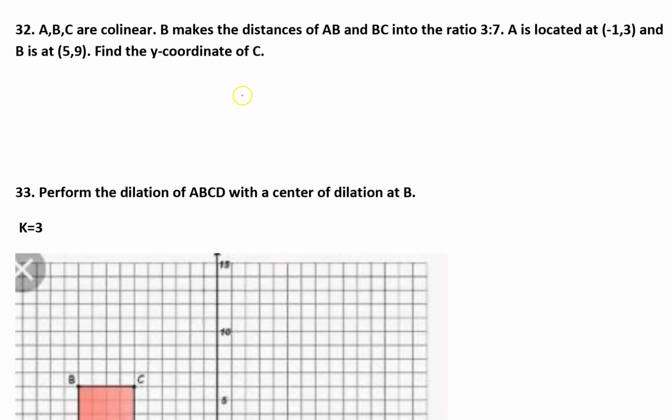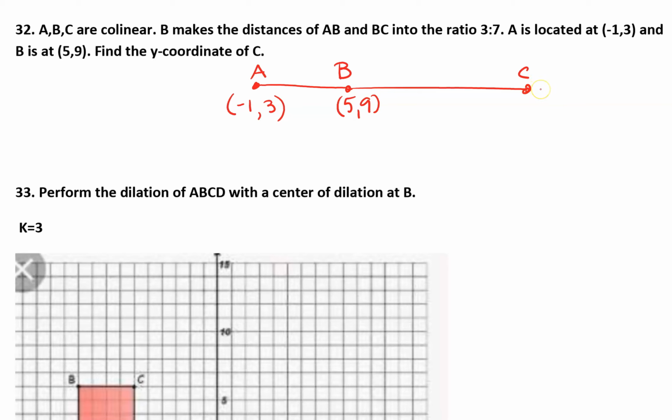So we've got A is at (-1, 3). B is at (5, 9). This one's a little different because they're not giving you the endpoint.